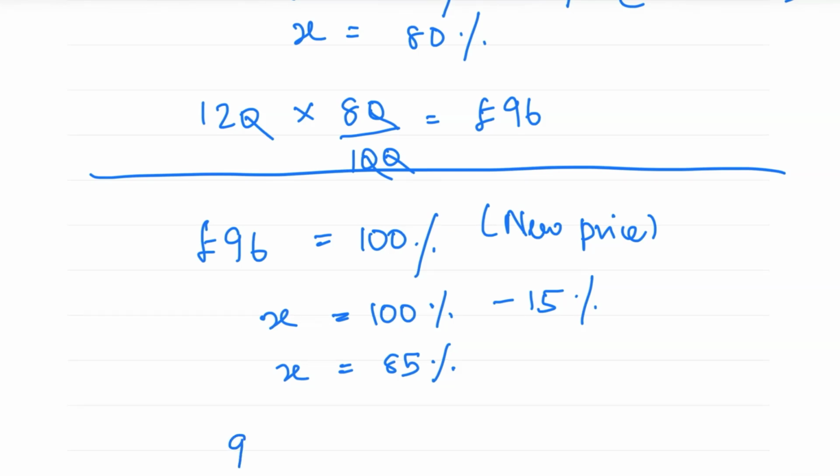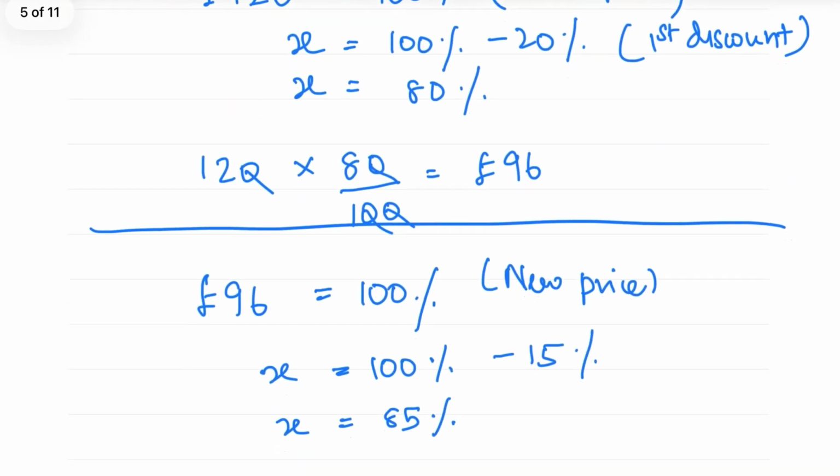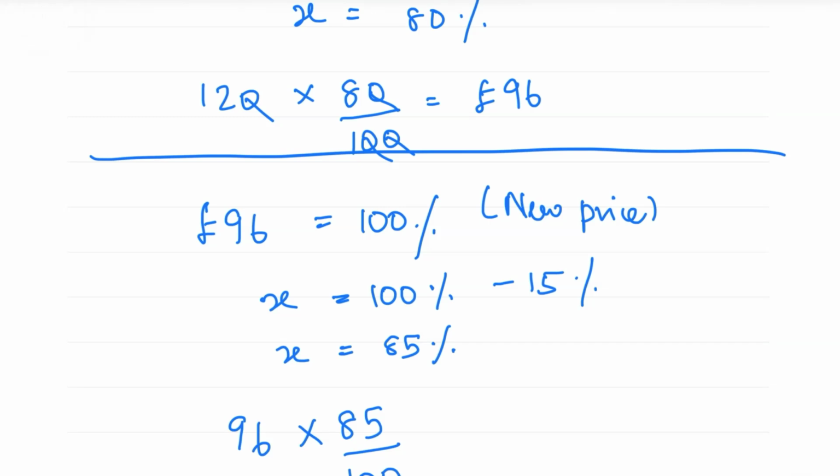You take 96 multiplied by 85% of this, we have 100%. When you solve this, you should get the answer, which is 81.60 pounds. You can use your calculator to get this. If I divide this by 4 first, I will have 24 here, and I will have 25 here.